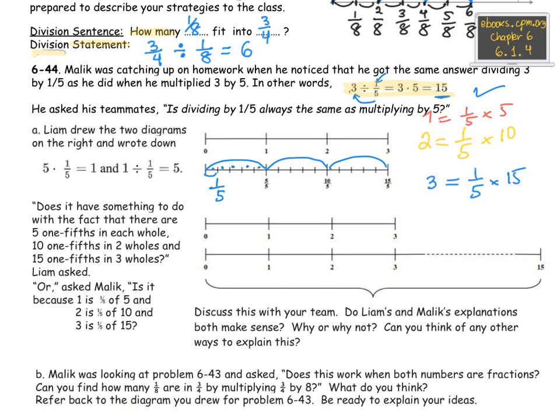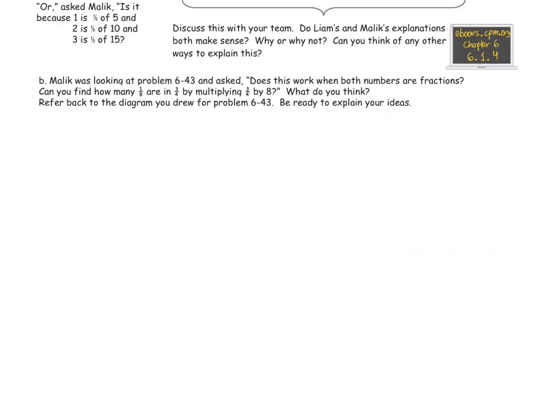So as we see in our diagrams, it takes 10/5 to get to the 2. So we could write it as 1/5 times 10 equals 2, and it's similar to the 15. So definitely I'm going to agree with this statement. And make sure you record at least some of those statements down before we continue to example B.